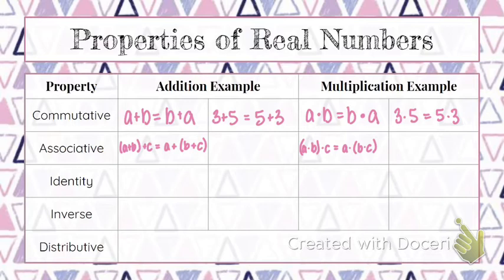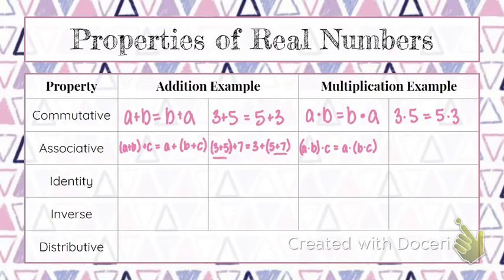Okay, so let's look at a number example for the addition. Let's do (3 plus 5) plus 7 equals 3 plus (5 plus 7). Now remember, we have to complete what's in parentheses first.